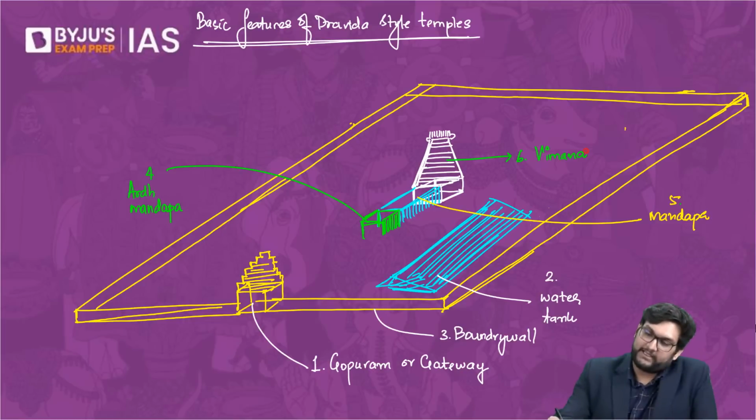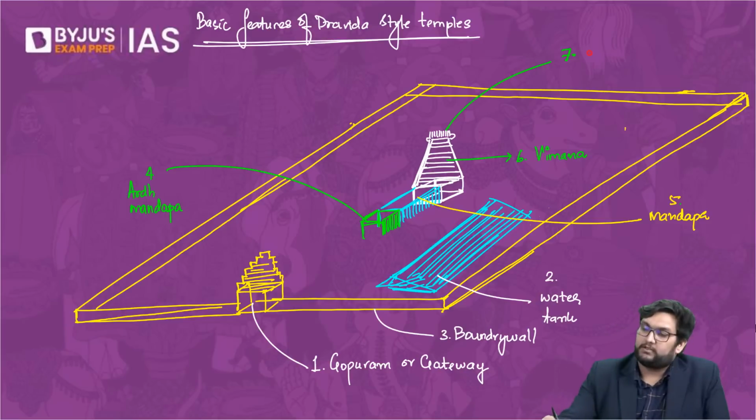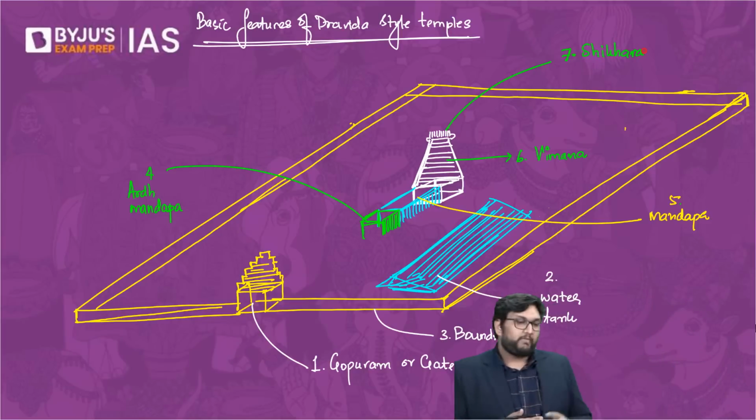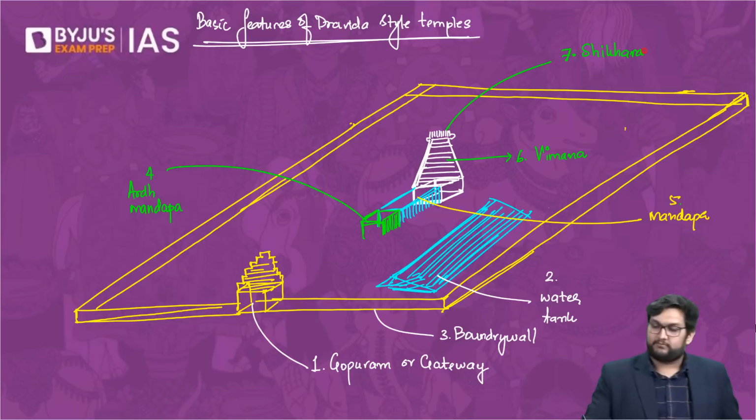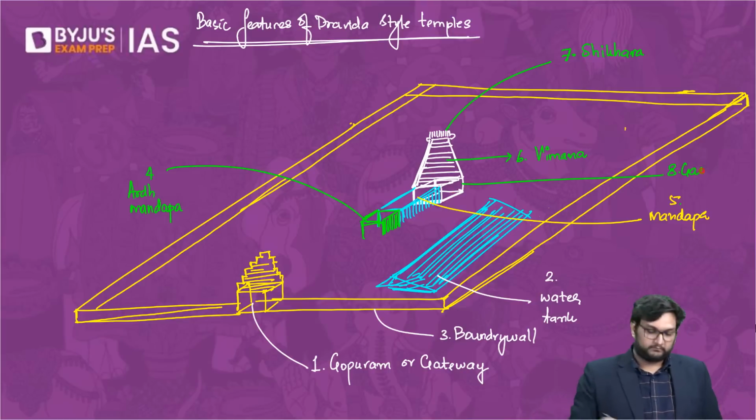And ironically, what does Shikhar literally mean? Top, peak. So the topmost point is called Shikhar. And further, the last remains the same, which is Garbha Griha.